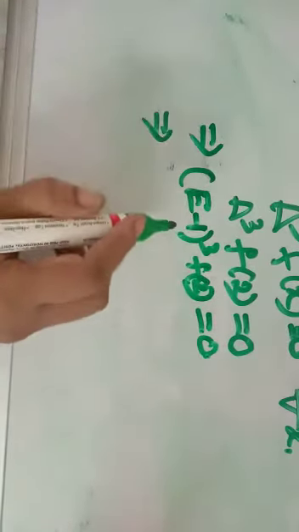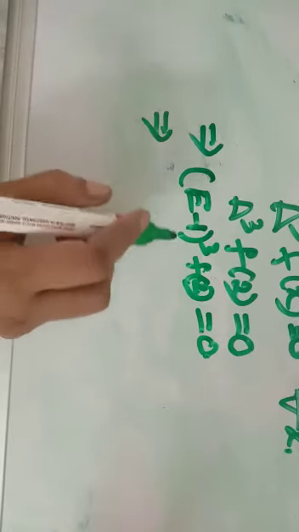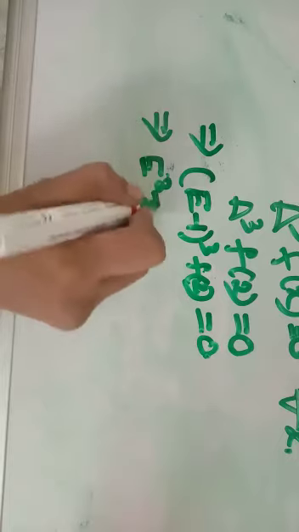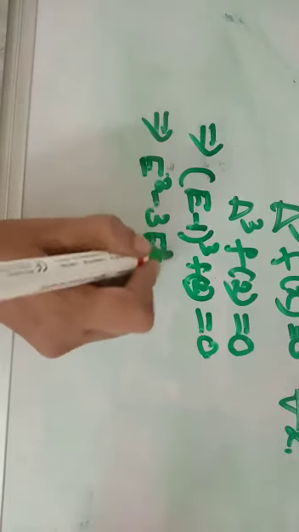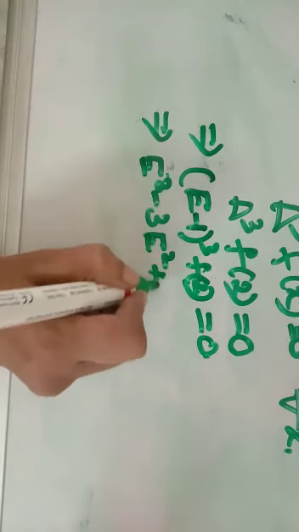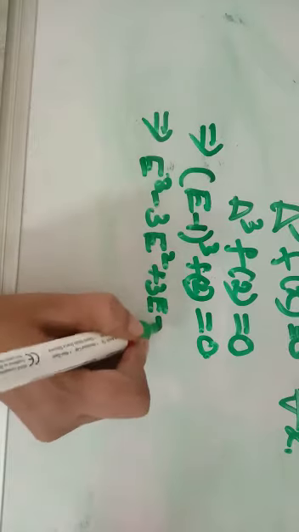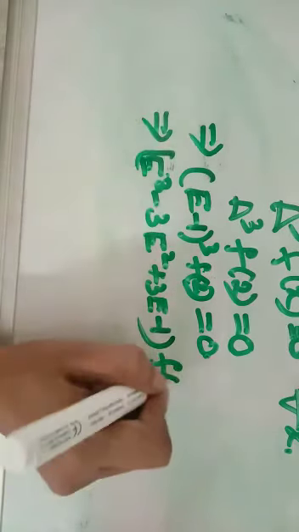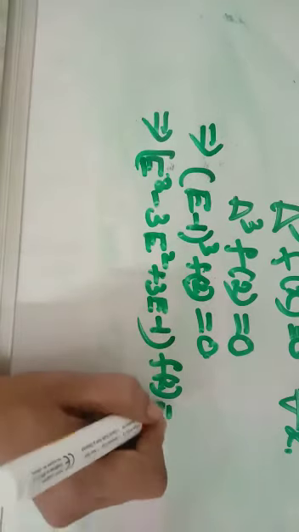That implies (E minus 1) whole cube is equal to E cube minus thrice E square plus thrice E minus 1, applied on f(2), is equal to 0.